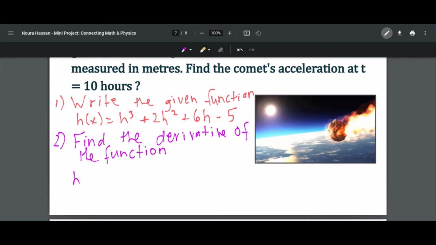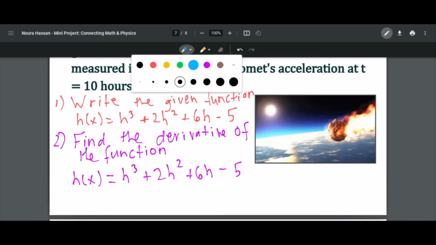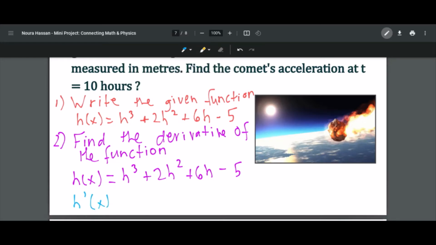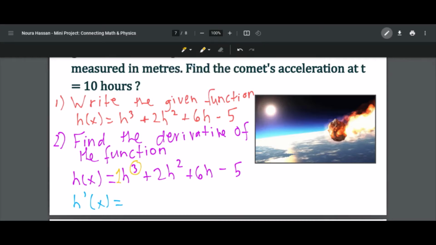What we have here is h of x equals h cubed plus 2h squared plus 6h minus 5. h prime of x would equal 1 times 3, what we get here is 3h to the power of 3 minus 1, and then we'll add 2 times 2, and I get 4h to the power of 2 minus 1 plus 6 minus 0.